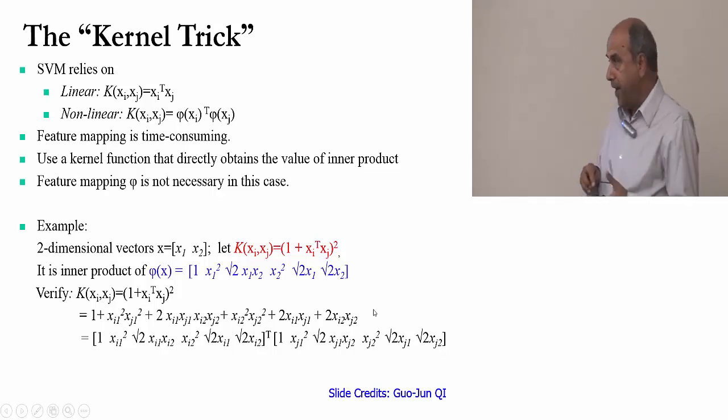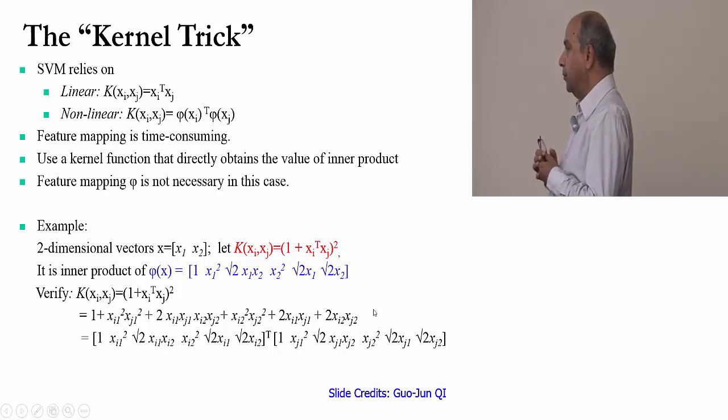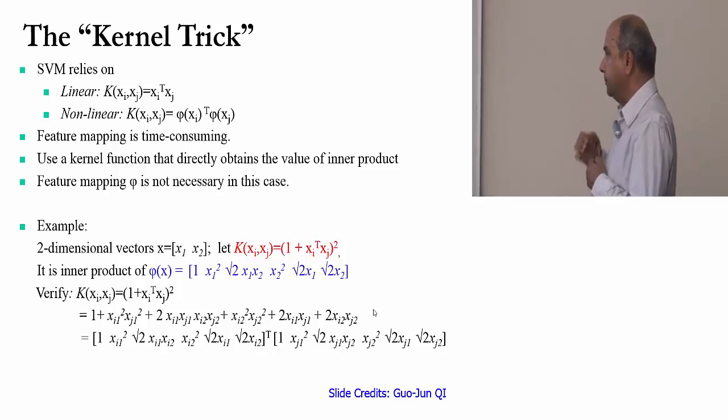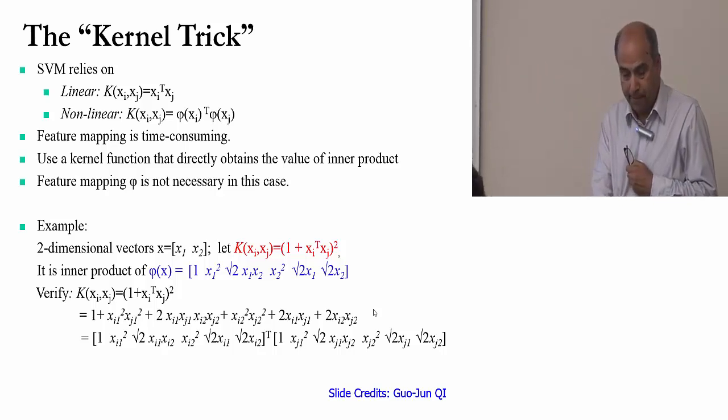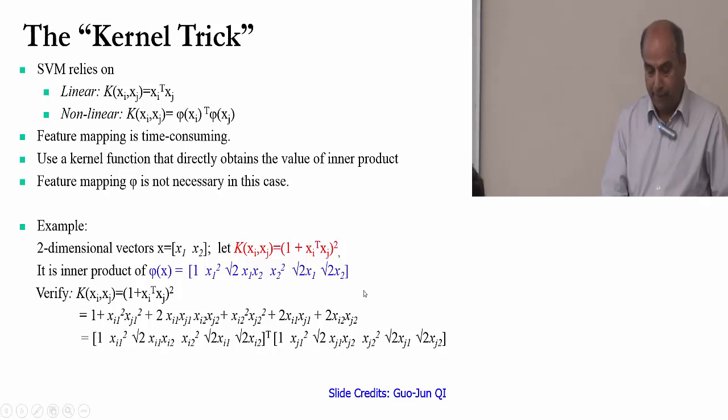So what this is saying is that if we map the vector x like that 6-dimensional vector shown in blue, then we can map xi like this and xj like that, find the dot product of that, which becomes like this.